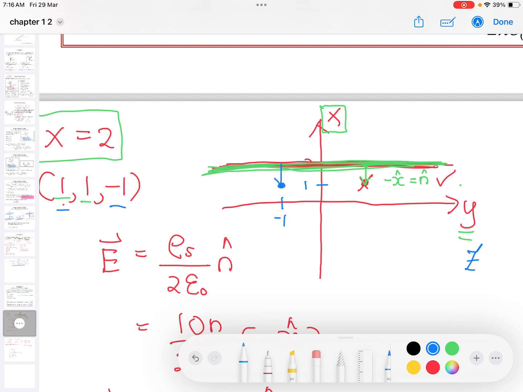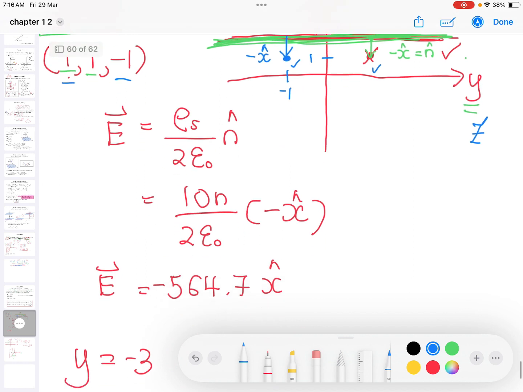It's still pointing down. It is okay whether the point is here or here. Doesn't matter, because we use this just to define the direction of the arrow. So this one is also negative x. So put the negative x inside the equation, and you get the answer.